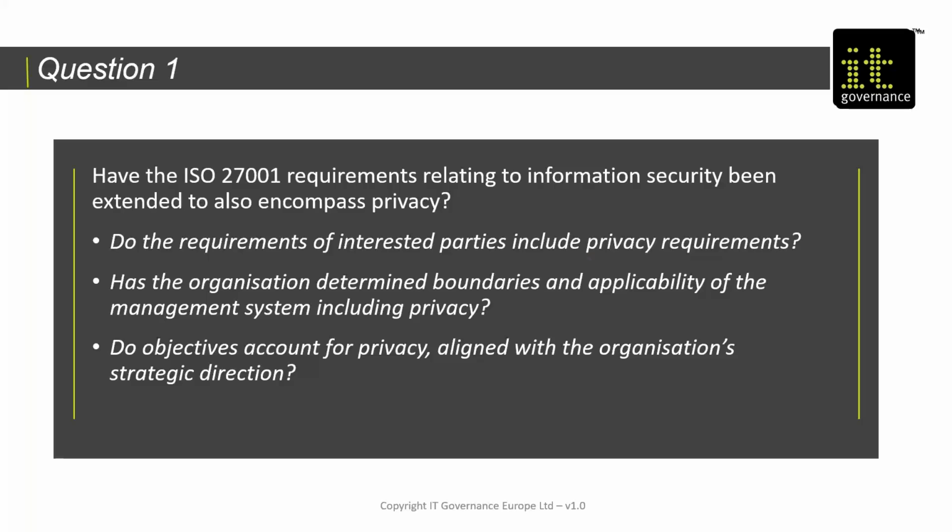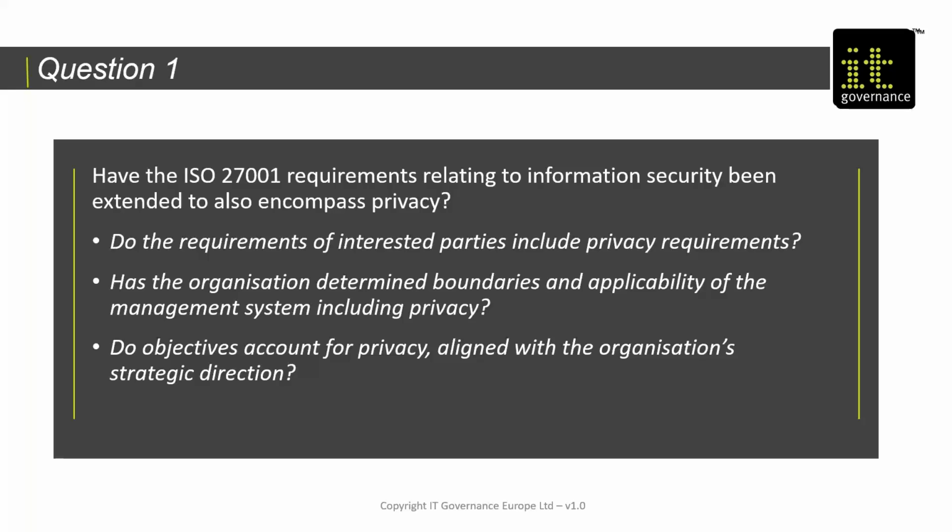And the starting question should most definitely be, have the ISO 27001 requirements relating to information security been extended to encompass privacy? This is coming from clause 5.1 of the 27701 standard, where it states a general requirement that information security must be extended to the protection of privacy as potentially affected by the processing of PI.